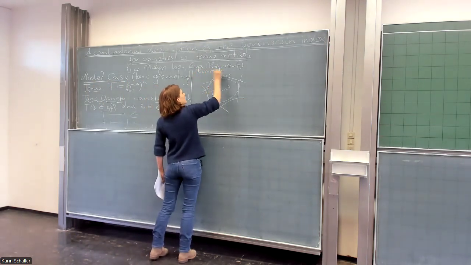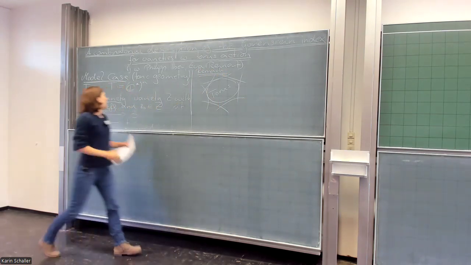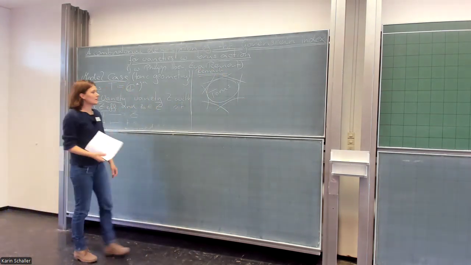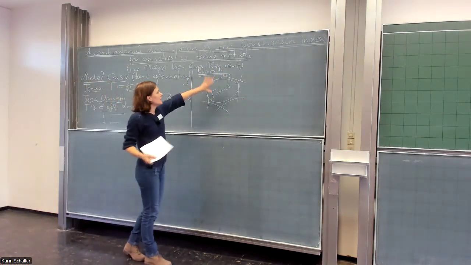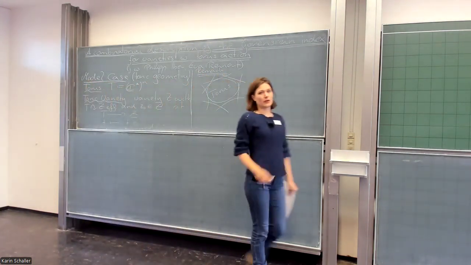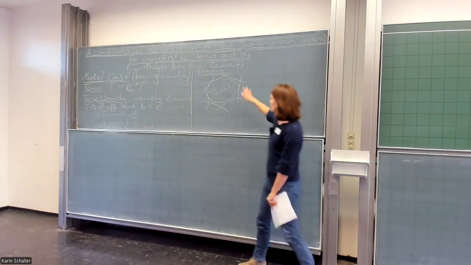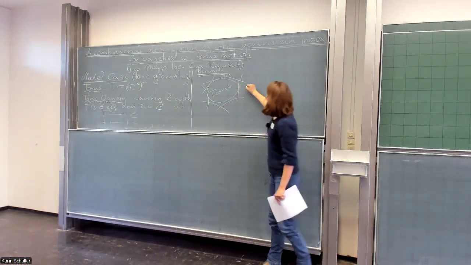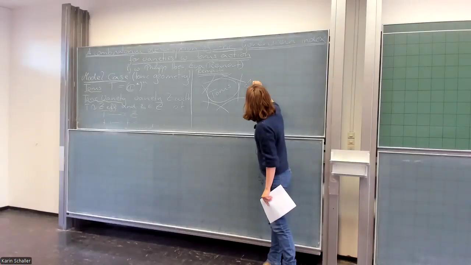Now, why are these toric varieties a good model case for us? Because they actually allow a purely combinatorial description, and this can be read off this picture. So we have a one-to-one correspondence here.